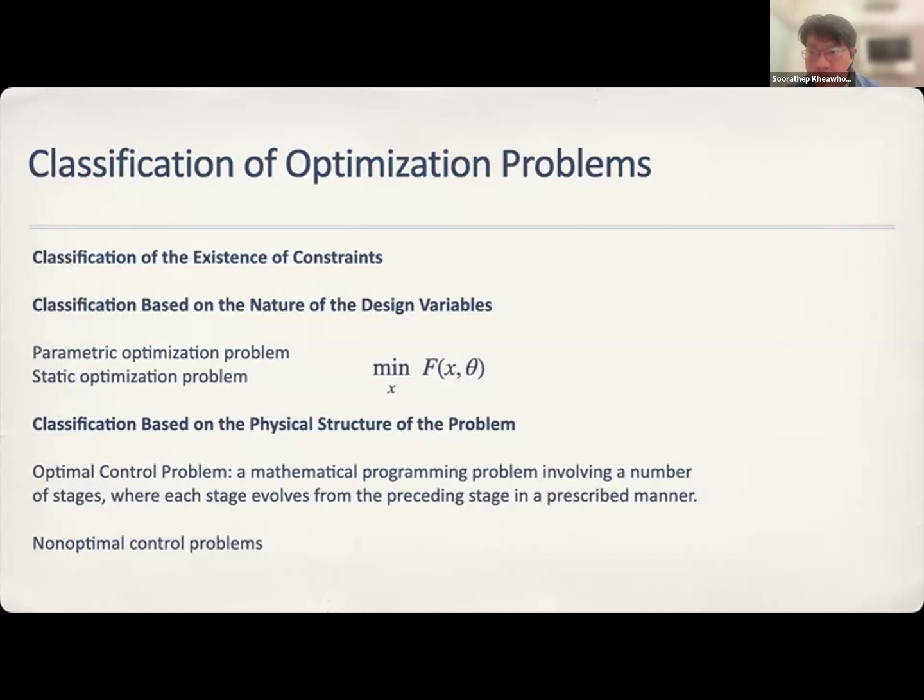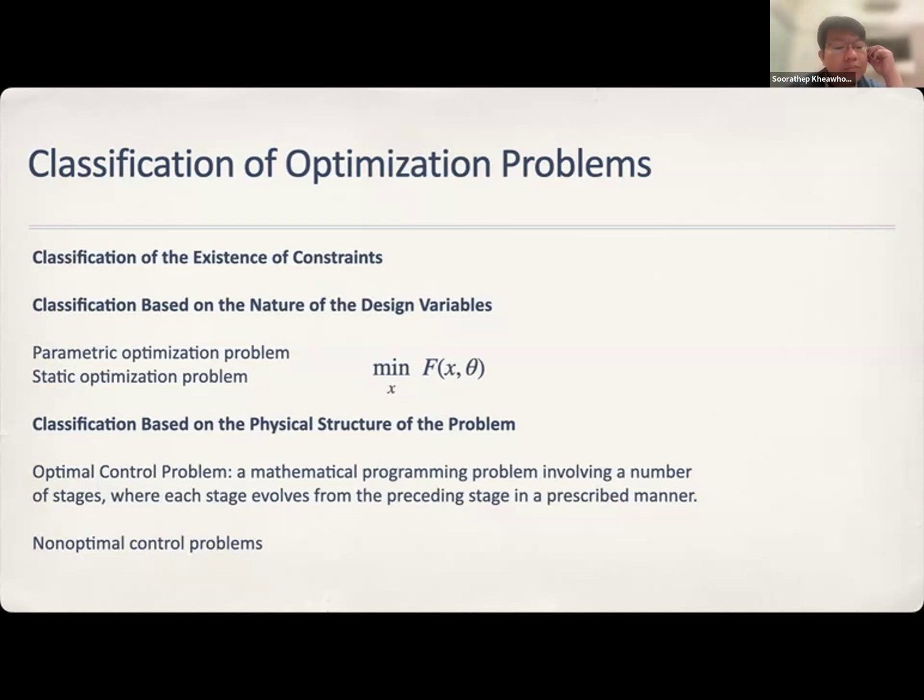In that case, we call the problem an optimal control problem because our solution is a profile of these variables, and we track a profile of our objective function and also a profile of our constraint. In other words, we call this type of problem dynamic programming, because the variables are dynamic.